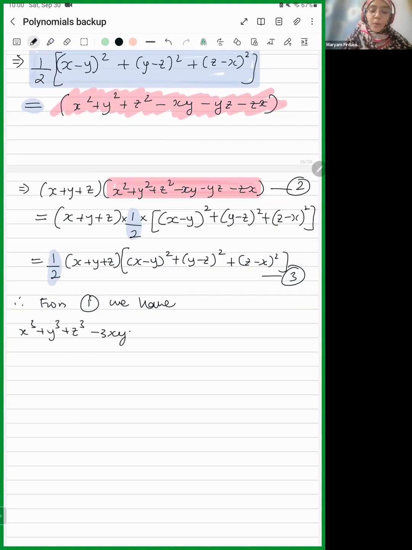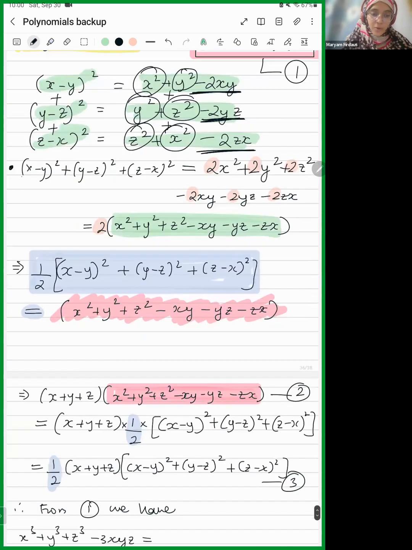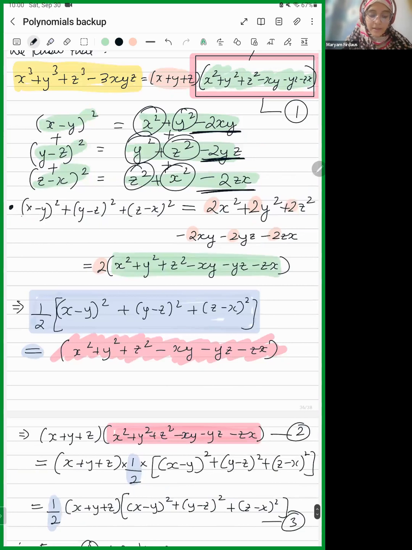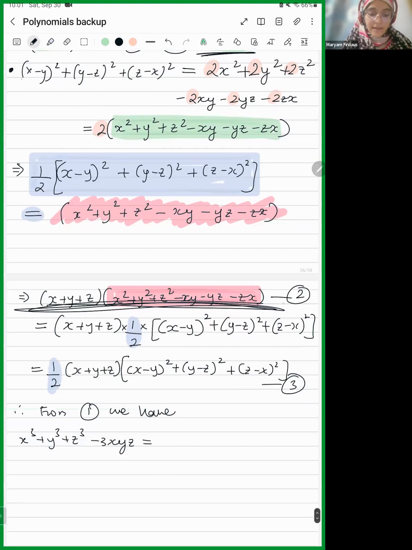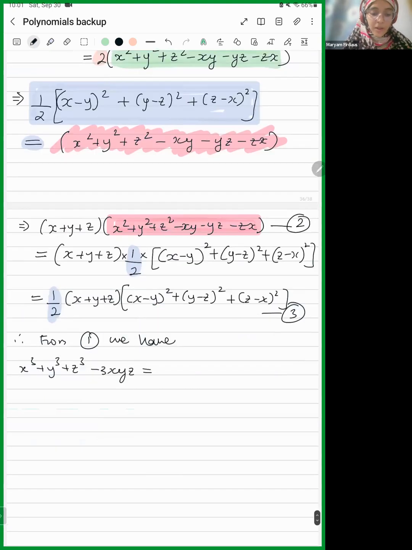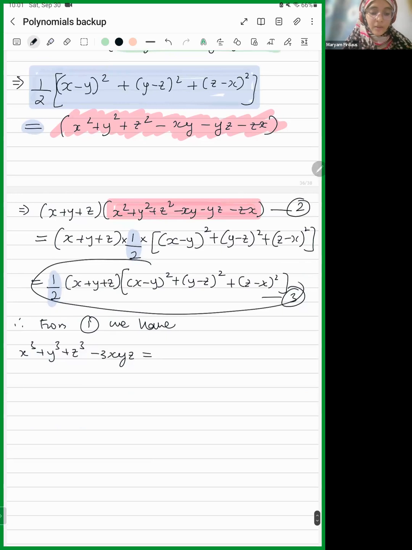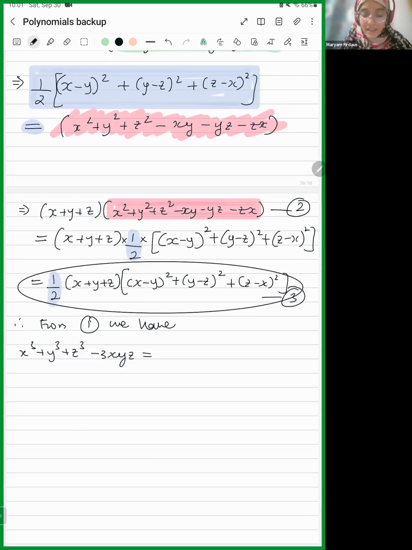It was supposed to be equal to x plus y plus z into this entire thing. But since that itself is equal to the thing which we've written in number 3, we can just write the third one over here.